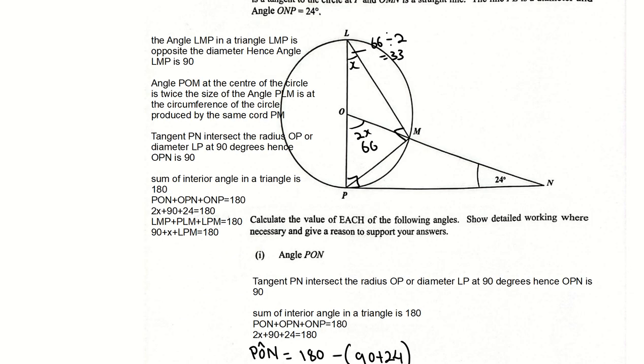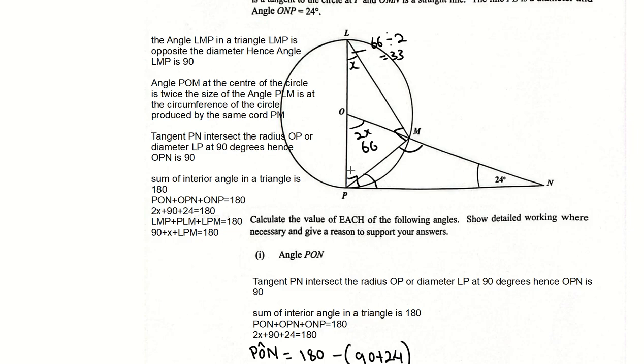Next one, PMN. So they want to calculate this angle right here. Alright, so first off, you need to calculate this angle here. Again, the sum of interior angles in a triangle is 180.